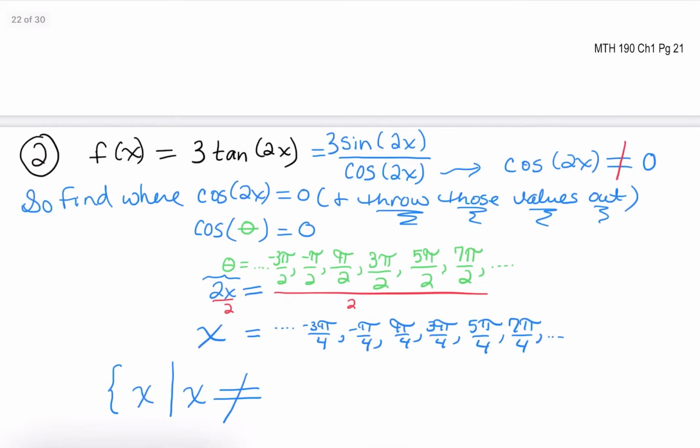You could say it is the set of all x such that x is not equal to, and you could start with just the first value, pi over 4, and then plus integer increments of pi over 2, where n is any integer.